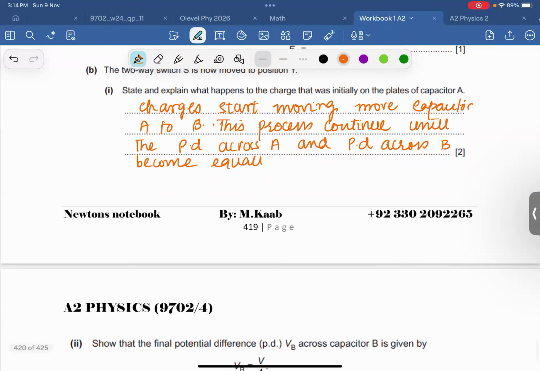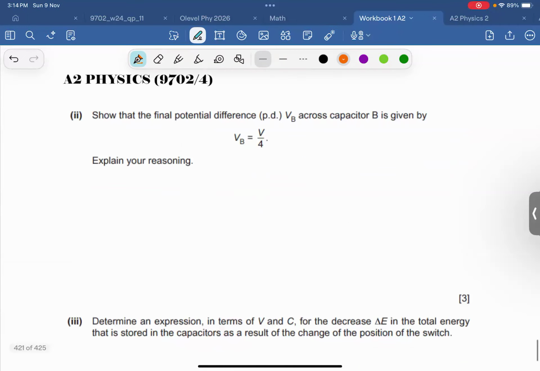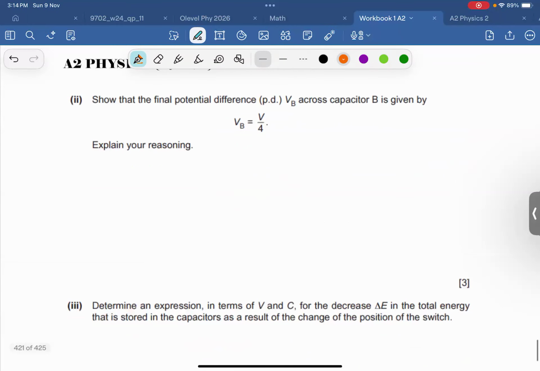Now they're saying show that the final potential difference across the capacitor B is given by this expression, and explain your working. We know that the two capacitors will have the same potential difference. So VA should be equal to VB, right?